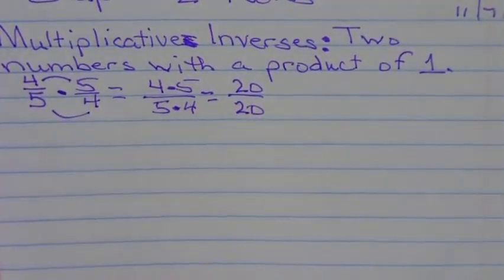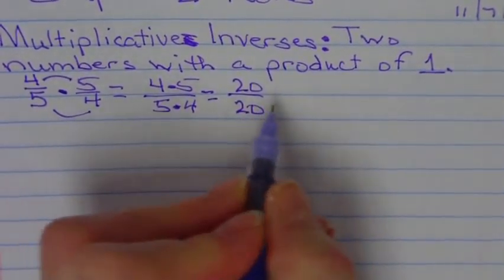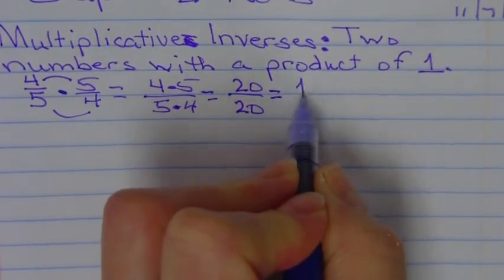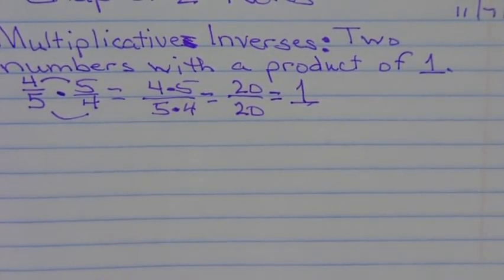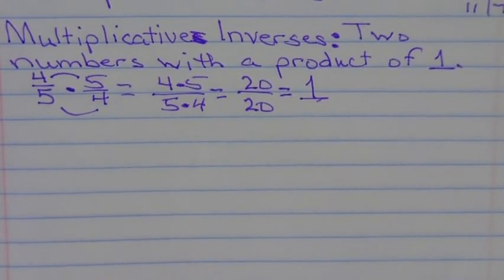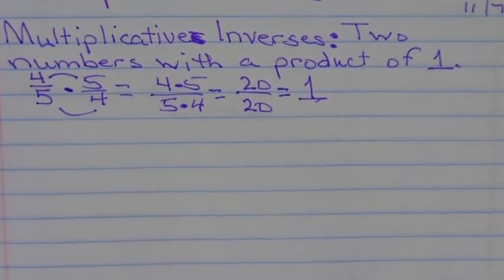And that is what we call fancy 1. Any number divided by itself is 1. Our first example will show why that's important.